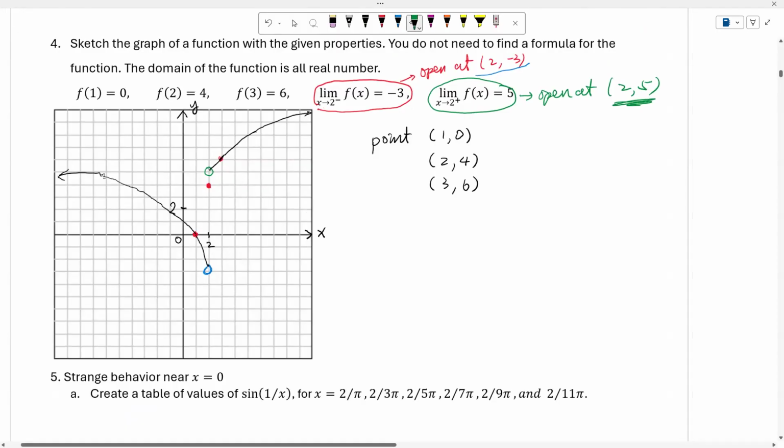Of course, some of you can do it this way, so it doesn't matter. We could actually do this. Yeah, that is okay too, as long as it is a function.